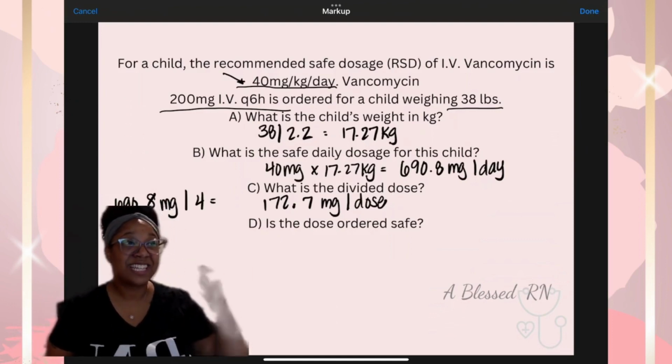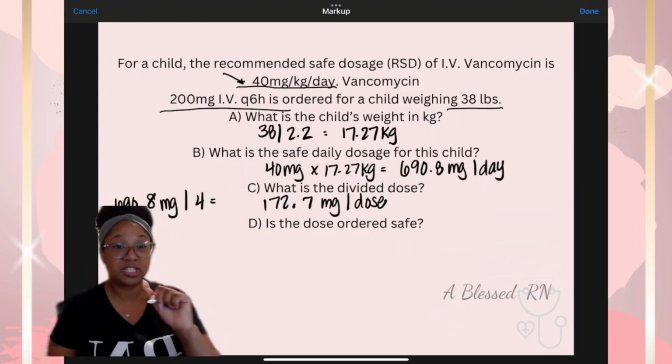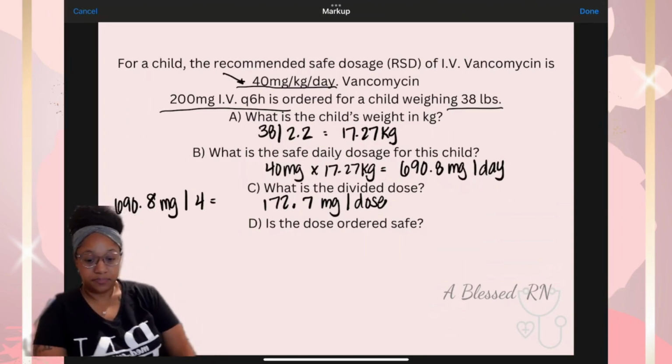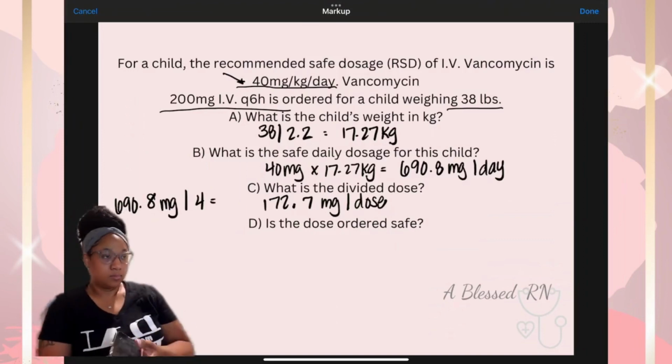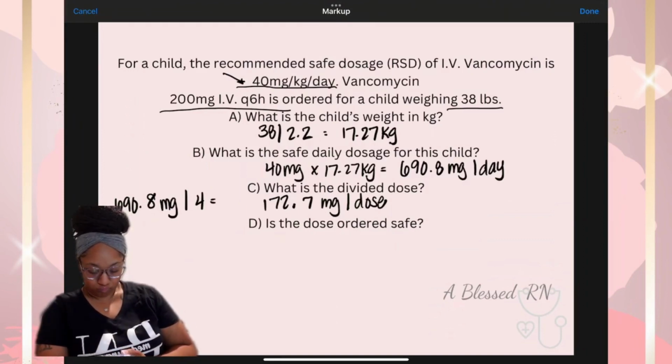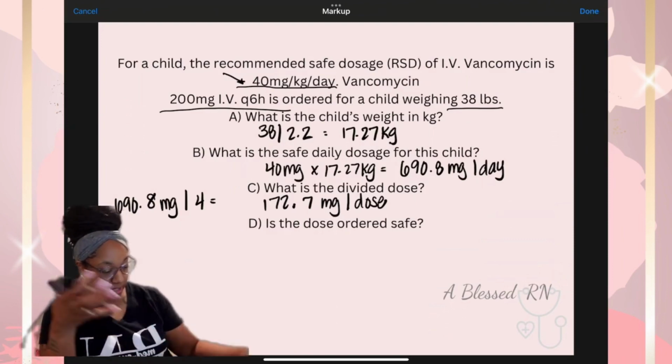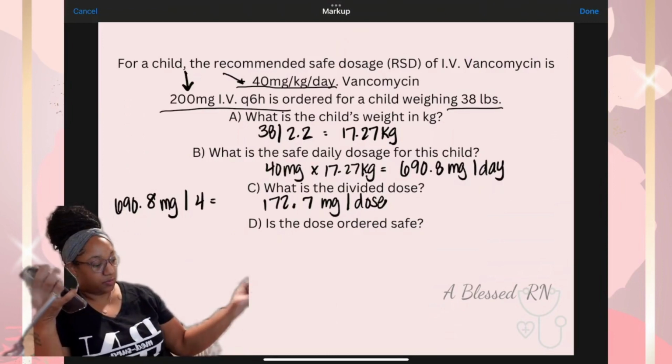All right. So is this dose that the physician ordered safe? Y'all tell me. Is it safe? Are you giving this as the nurse? So this is what the doctor is telling you to give.